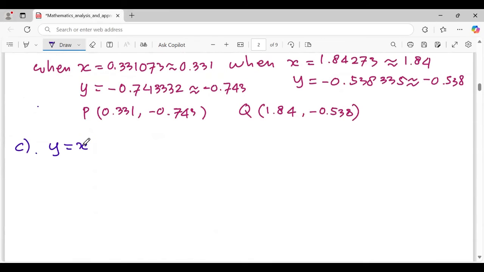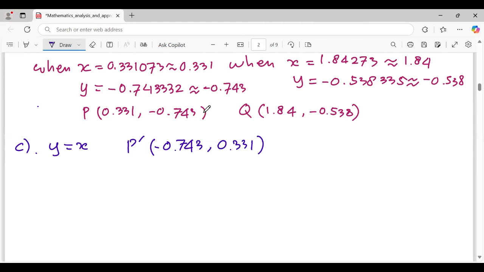So the implication, if the symmetry is y equals x, if P is 0.331 and minus 0.743, then the image of P is minus 0.743, comma 0.331.